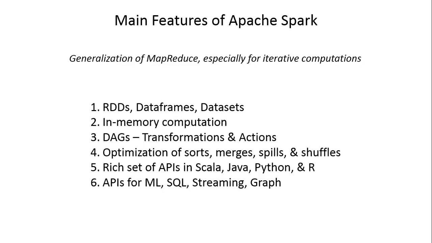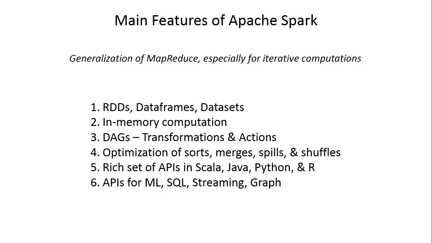Okay, and the fourth point is what I explained just now. It optimizes all sorts of sorts, merges, and shuffles. You can see, Databricks and UC Berkeley have published a lot of papers on how they carried out these simulations.